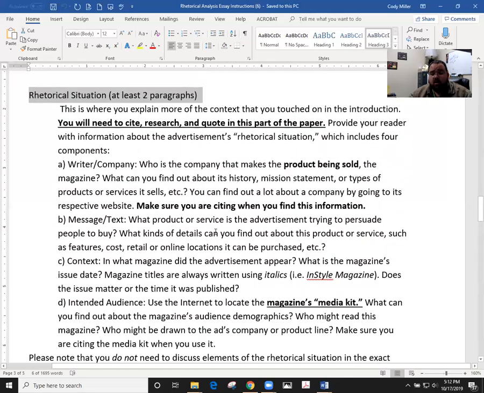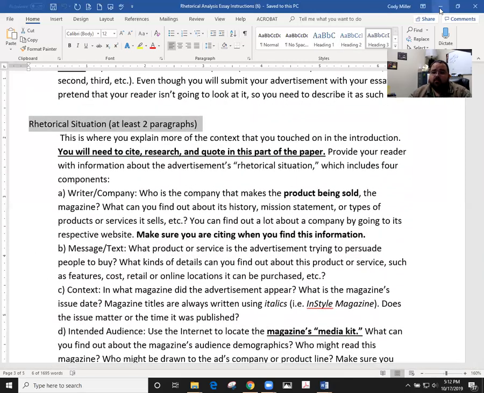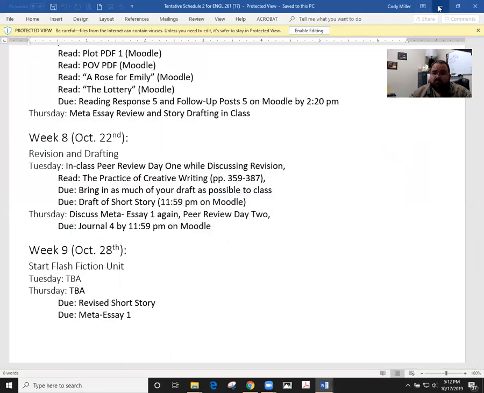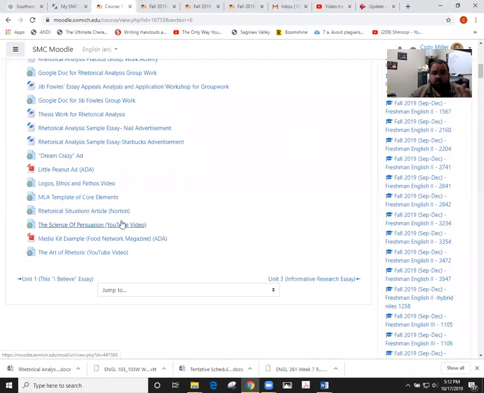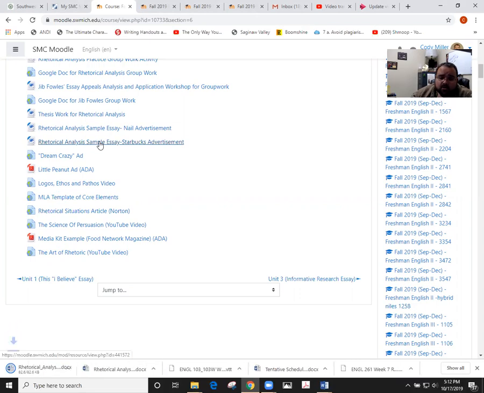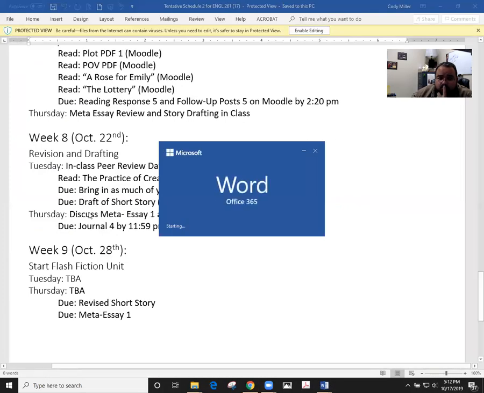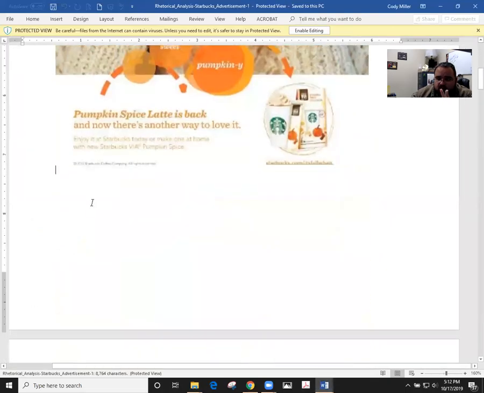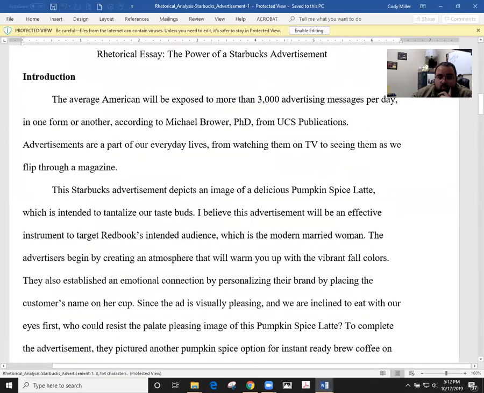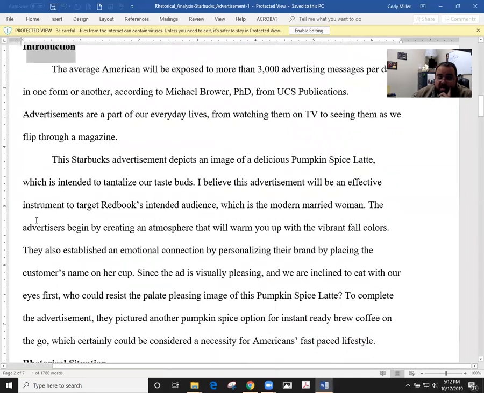Now, in terms of section headings, you want to make sure that you are setting those up like they do in Unit 2 underneath the rhetorical analysis sample essay. So you'll notice in that sample essay for Starbucks advertisement, we've got the Starbucks ad there, and then you'll notice that each one of these has a bold heading that is flush with the left side of the page.